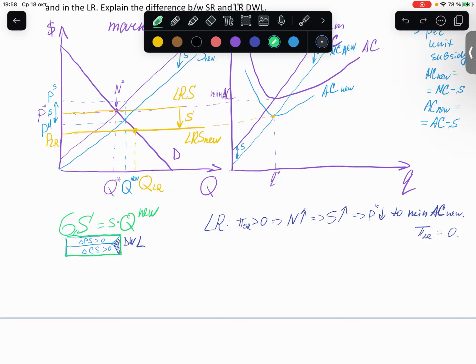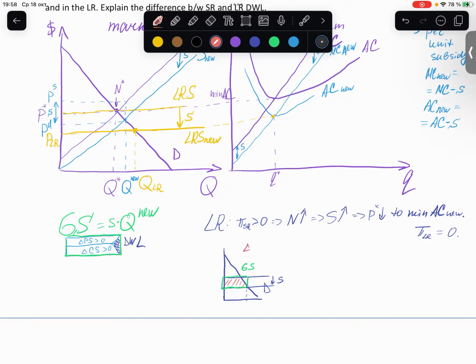So now, what happens? One more time. This was the demand. This was the supply before. This is the long run supply now. This is S. Now consumers are better off. The consumer surplus increases by this area. Government spends how much? This area. These are government spendings.